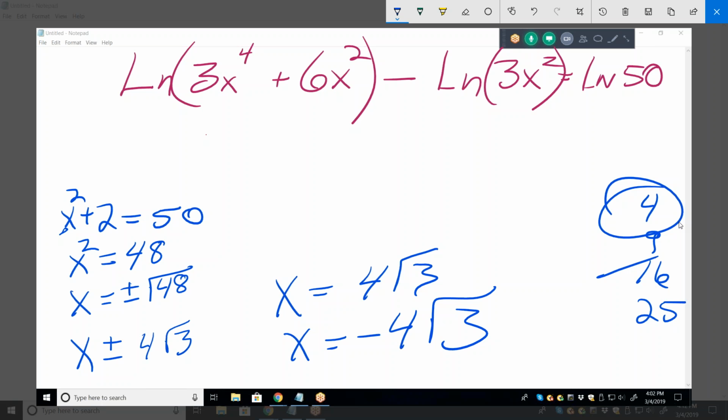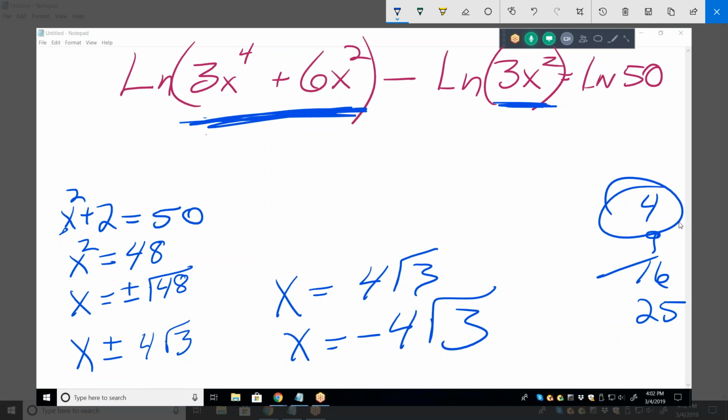I mean this, that's the first domain, and that's the second domain. No, you're correct, they don't. The negative's not going to hurt at all because we're taking it to the fourth power, which is going to turn it positive, and we're squaring it, which is going to turn it positive.